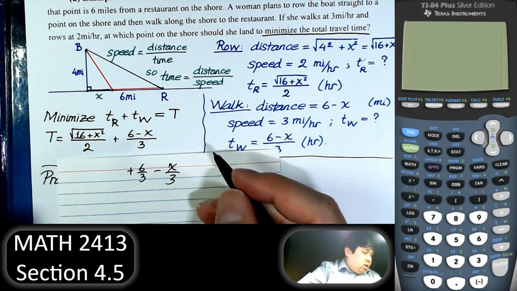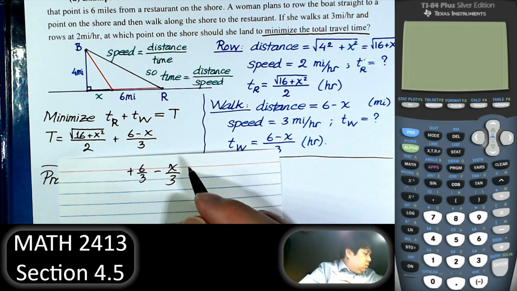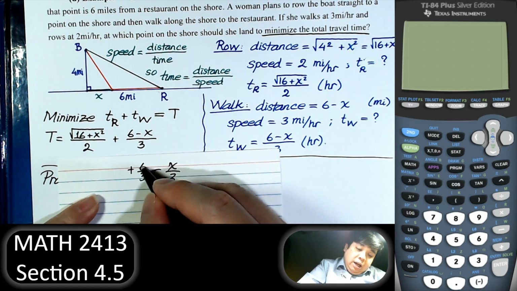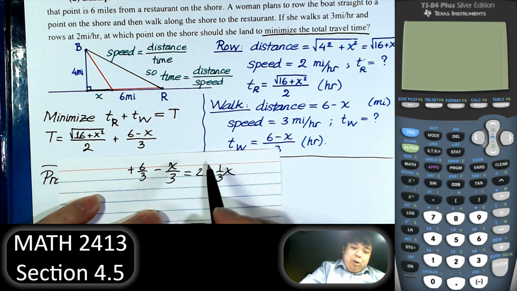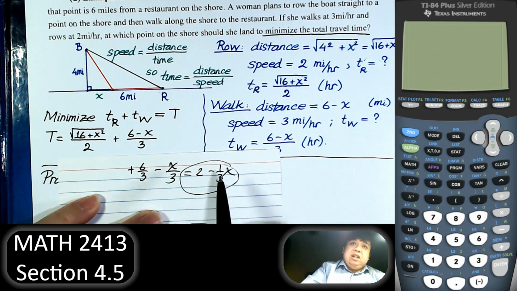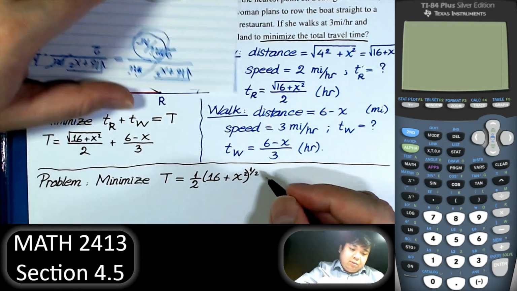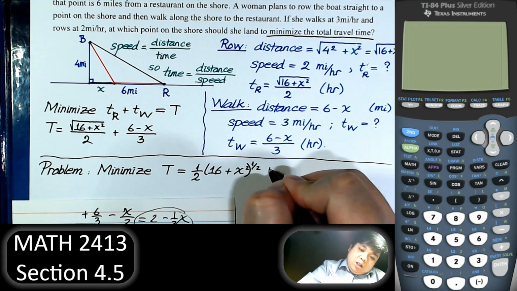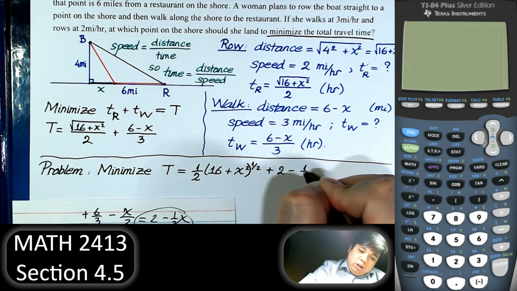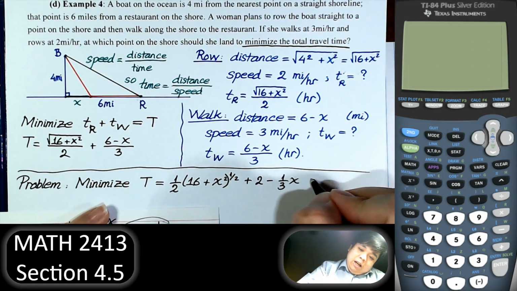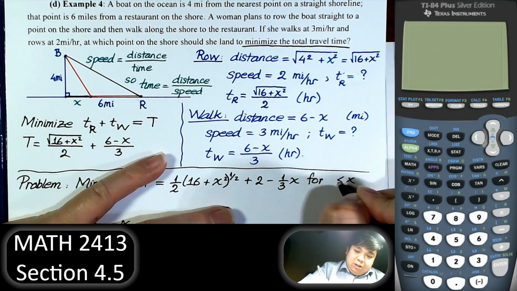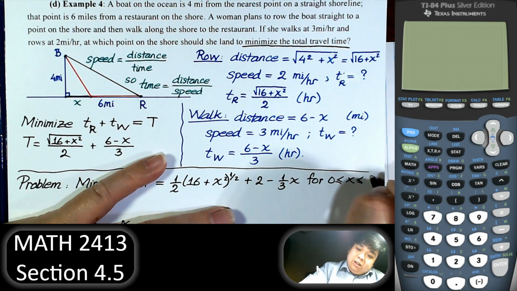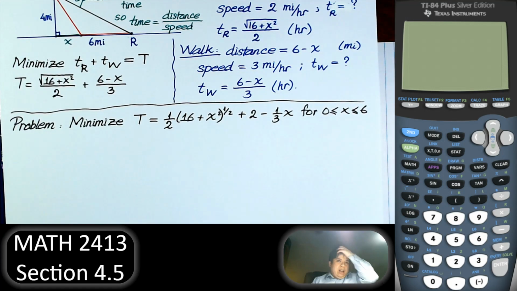If I split that, that gives us 2 minus 1/3 times x. So plus 2 minus 1/3 x. Of course, for x between 0 and 6, could be equal to 0 and 6. Right, so that is our problem.